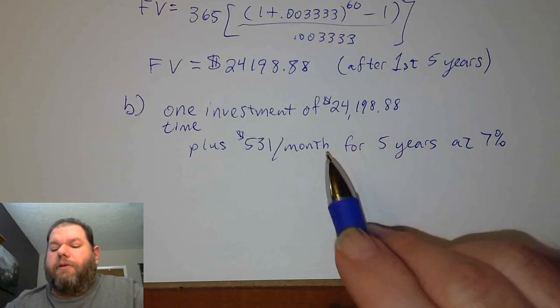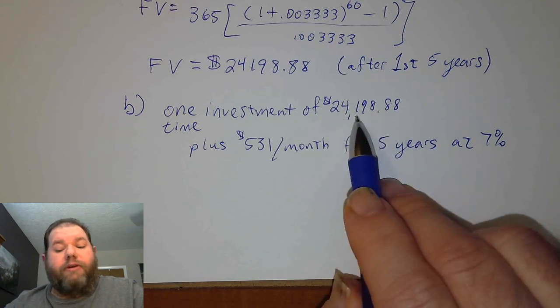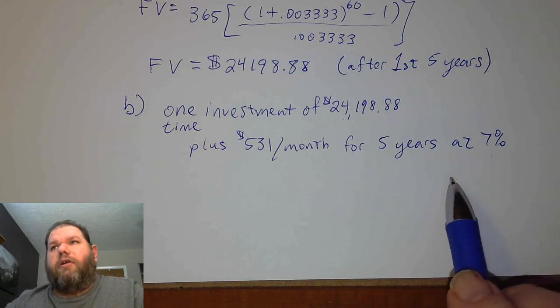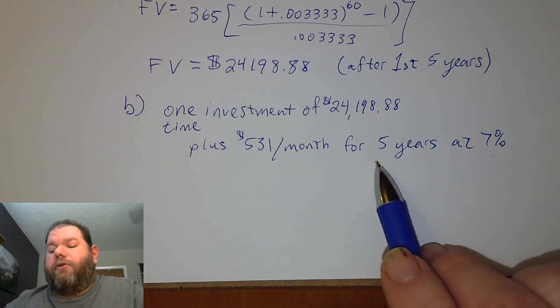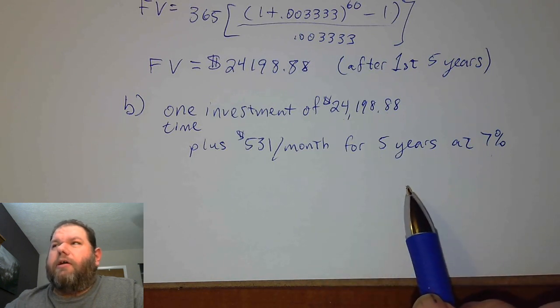So what's going to happen is this $24,000 is just deposited one time into this account that earns 7% interest. And that's over a period of 5 years. And interest is calculated every month.